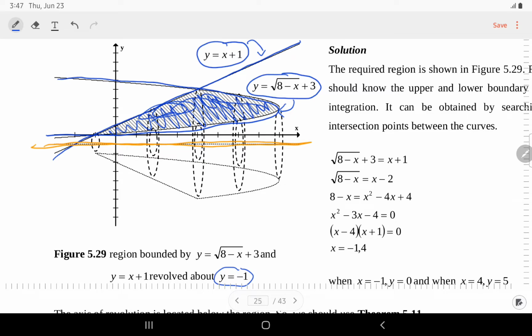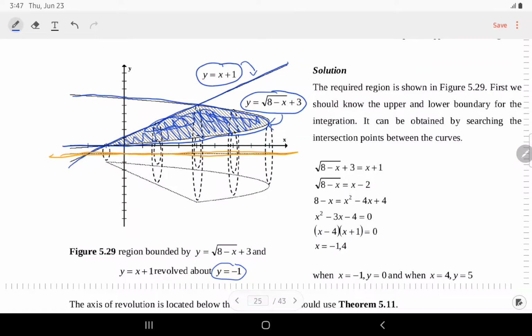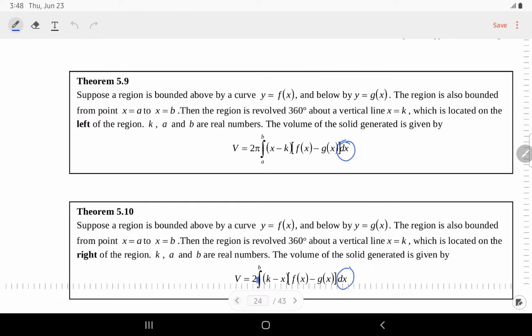So which formula are we going to use, from the list of four formulas just now? The axis of revolution is a horizontal line, and the shaded region is above the axis of revolution.